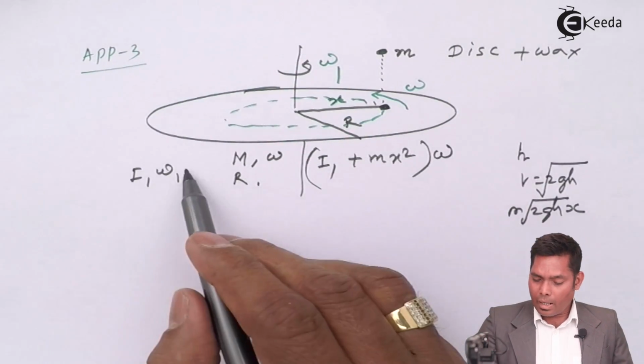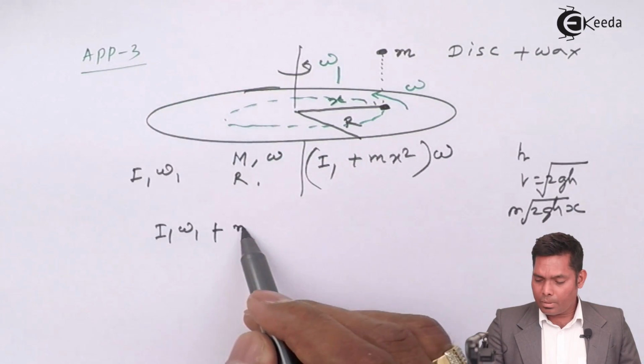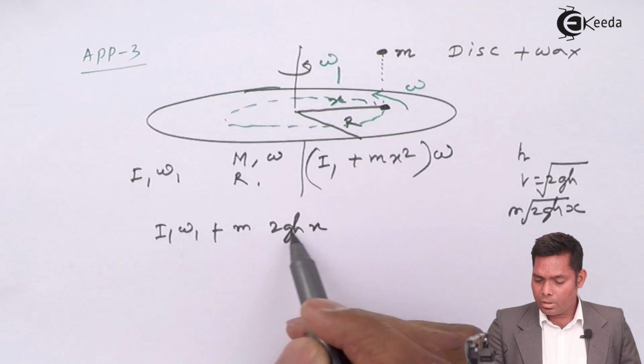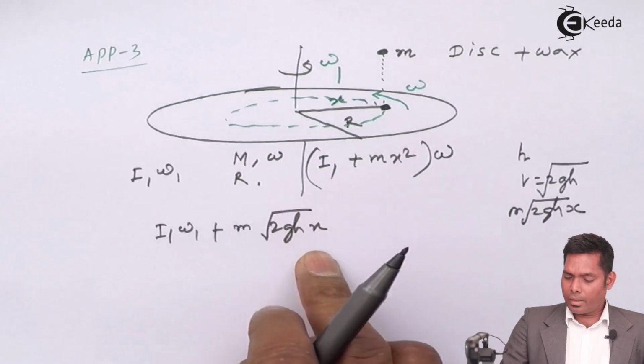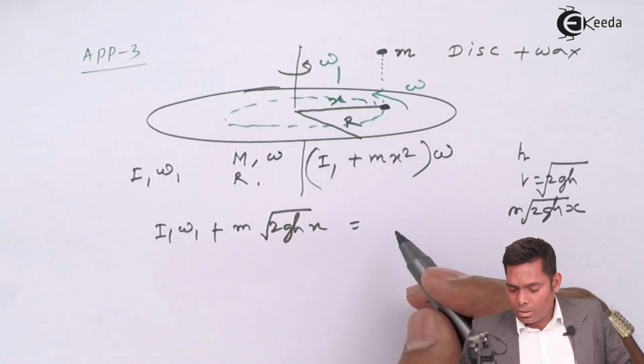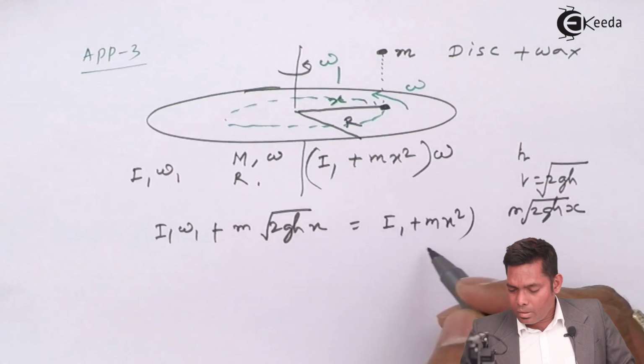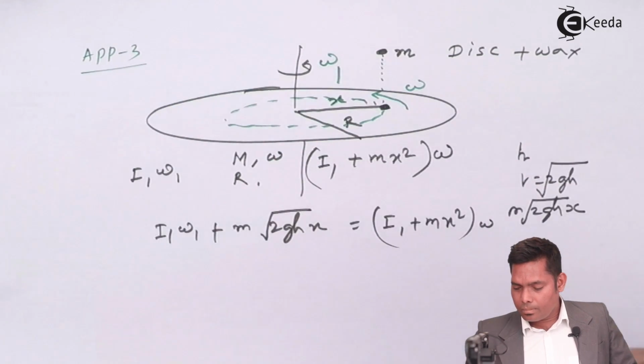This has to be added. If I do that, then it will be I1 omega 1 plus m root 2gh times x, because mvr, and that is equal to the total conservation of angular momentum, that comes to be (I1 plus mx square) into omega.